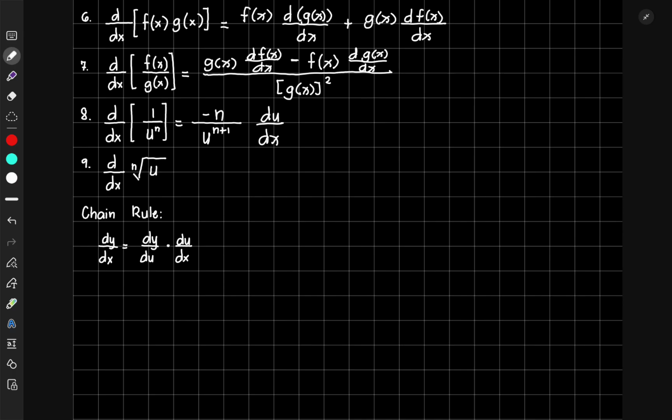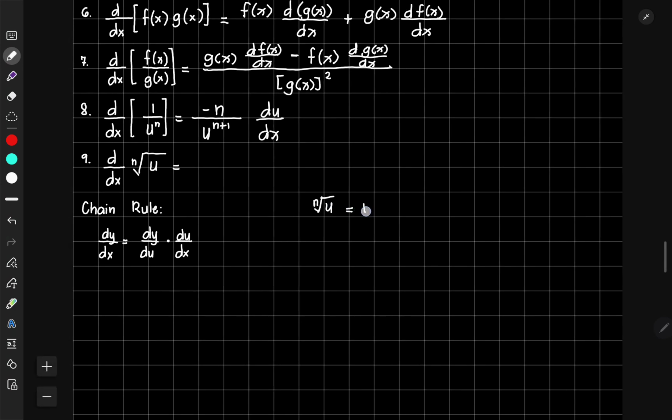Again, so for rule number 9, this is also derived from power rule. So, kung ilagay natin itong nth root, magiging exponent ng function u natin. So, yung nth root of u, so this can be equal to u raised to 1 over n siya.